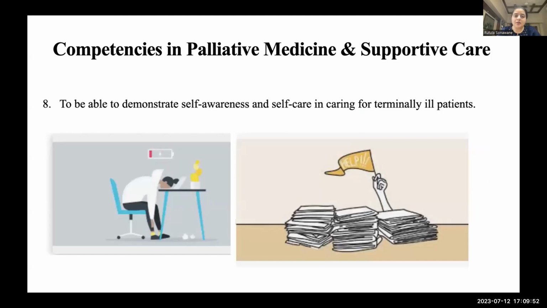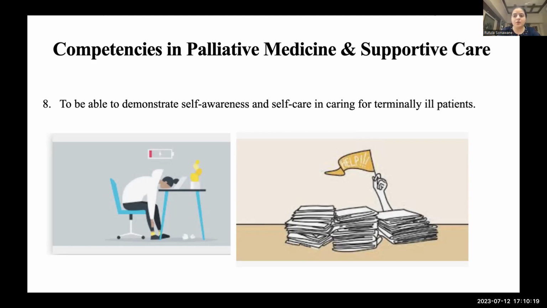The last one is to have self-awareness regarding your burnout and self-care. You should understand that since we are dealing with such high stress and very negative or sad emotions all the time, we have a lot of stress and anxiety amongst ourselves as well.